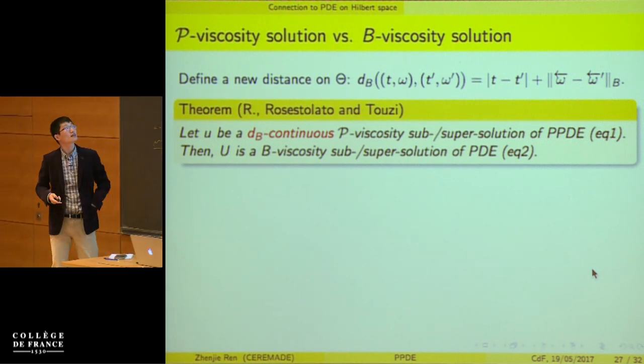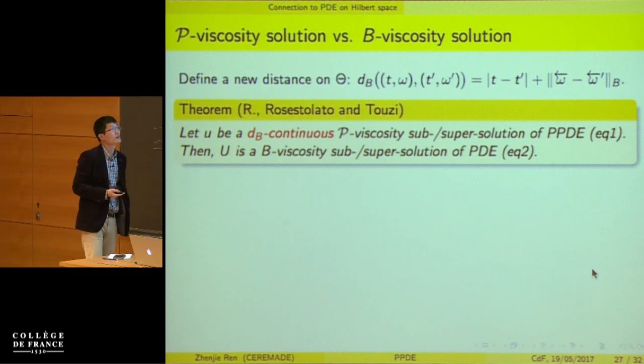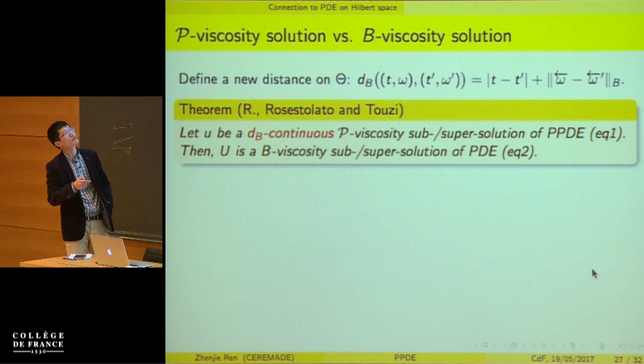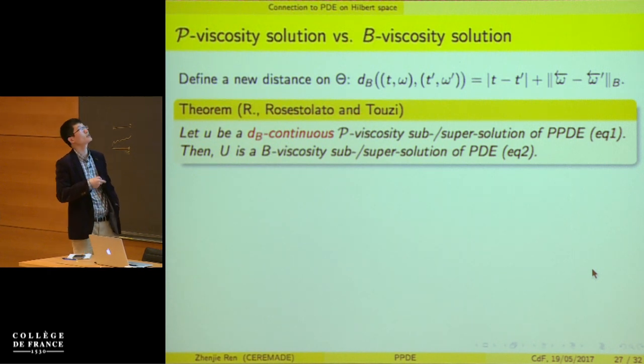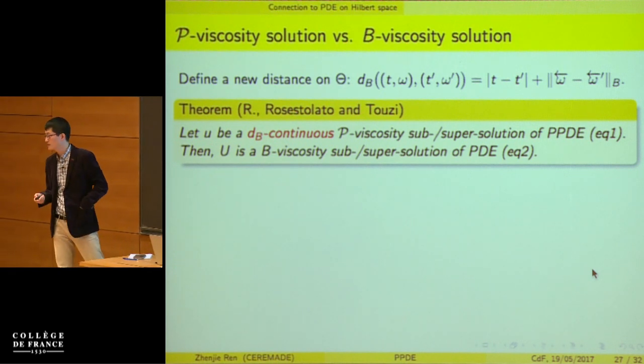Then if a path-dependent viscosity solution or subsolution is dB continuous, we can prove that the corresponding capital U is a B viscosity solution of the PDE on the Hilbert space.